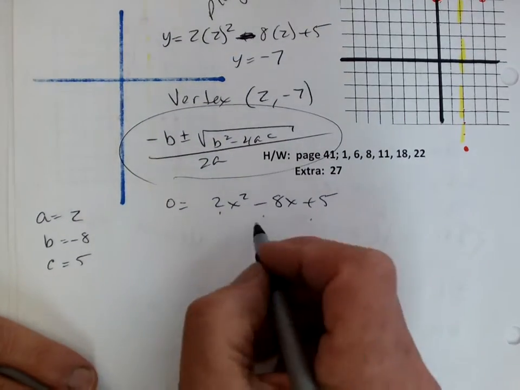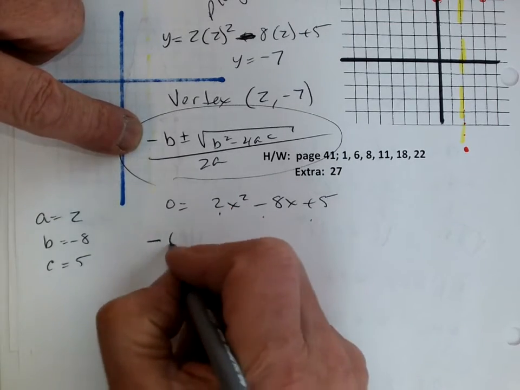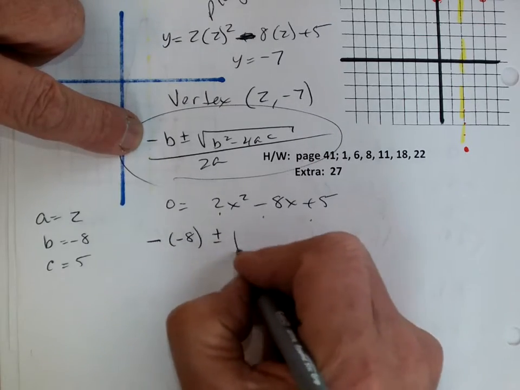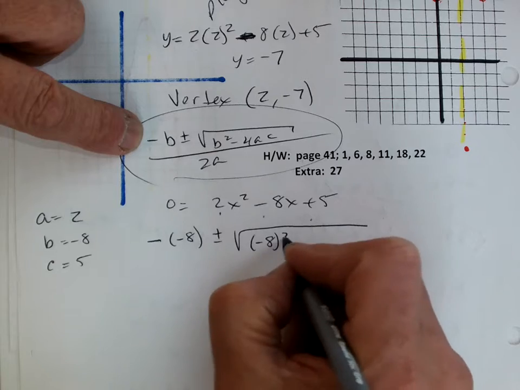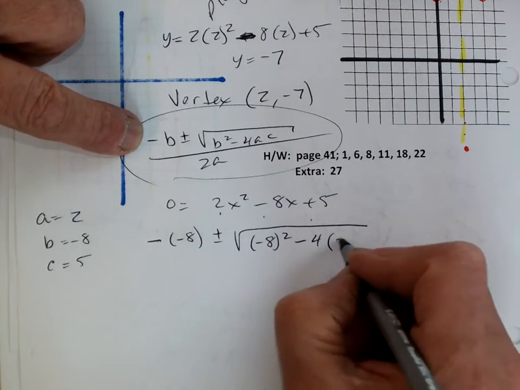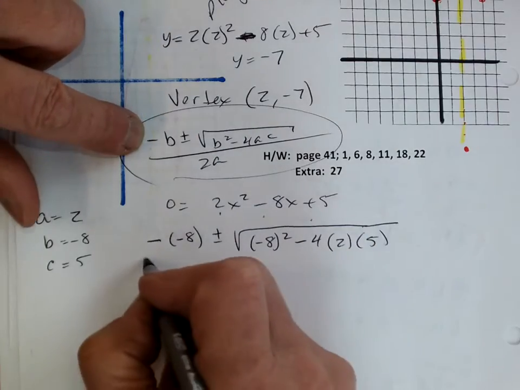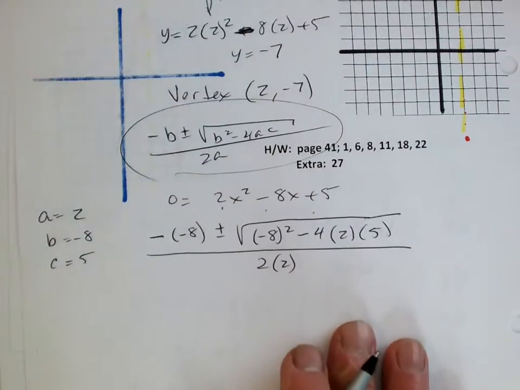So here we go. I'm going to go negative B, which is negative, so I'll have a double negative, but I can deal with that. Plus or minus the square root of B squared, which is a negative 8 squared, minus 4 times A, which is 2, times C, which is 5, all over 2A, which is 2 times 2. Okay? How am I doing?